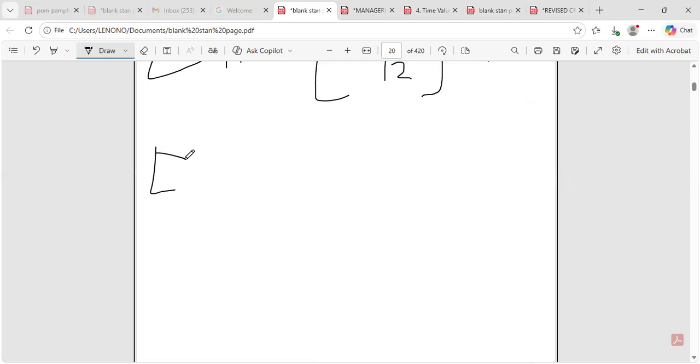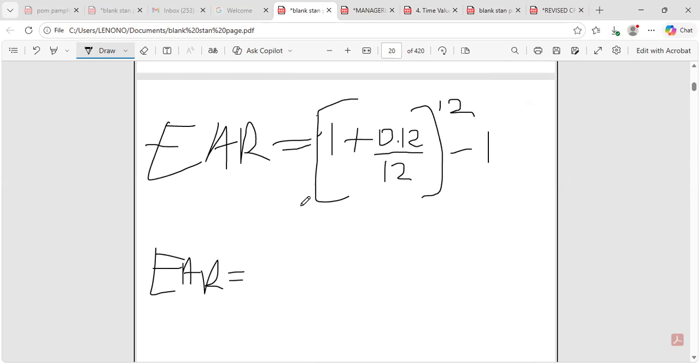So 0.12 divided by 12 plus 1 gives us 1.01. 1.01 to the power 12, minus 1, which is 0.1268 or 12.7%.